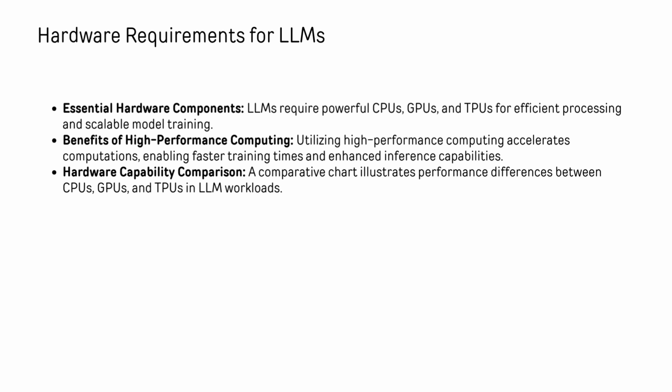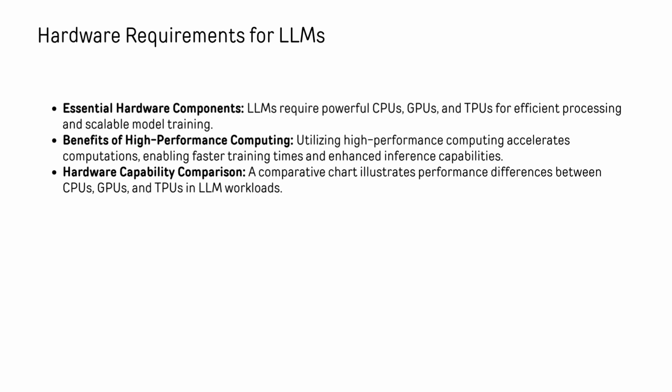GPUs, on the other hand, excel at parallel processing, making them well suited for the massive matrix operations that LLMs demand. TPUs, custom designed by Google, provide specialized acceleration for machine learning workloads and often outperform GPUs in specific tasks with greater energy efficiency.